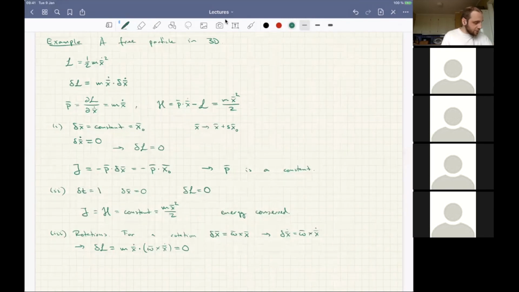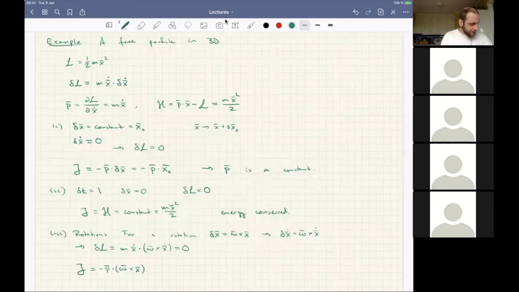And if we check what we get out of that, we would get that J is equal to minus p, again delta t here is 0, times delta x, which was omega cross x.